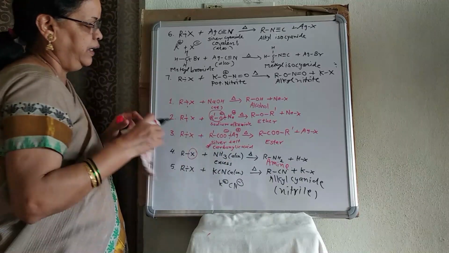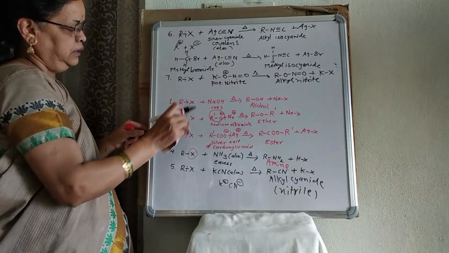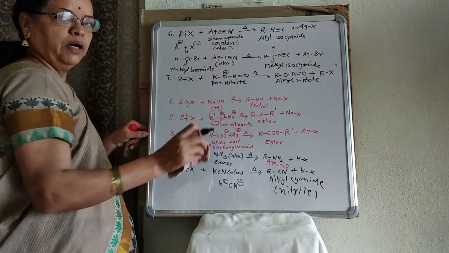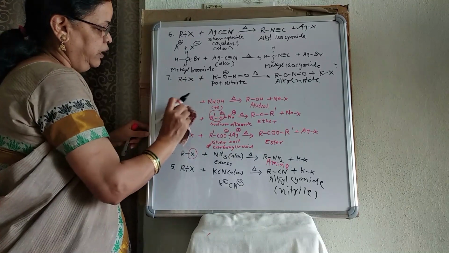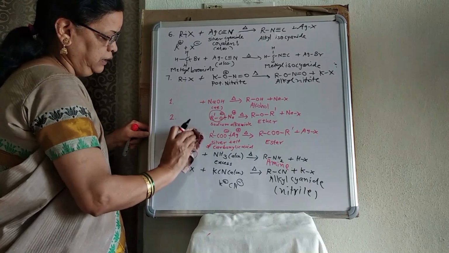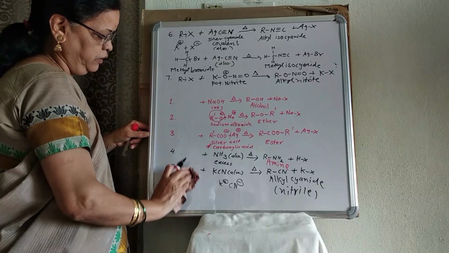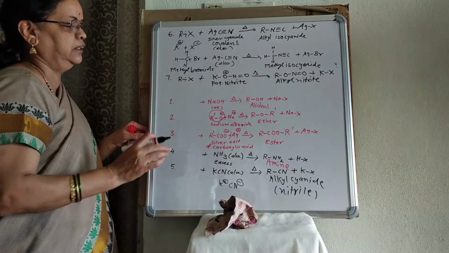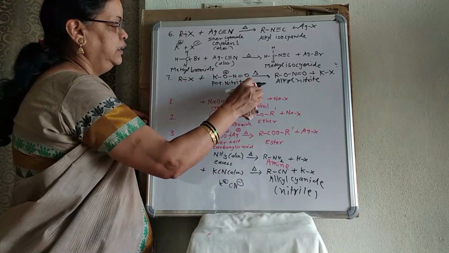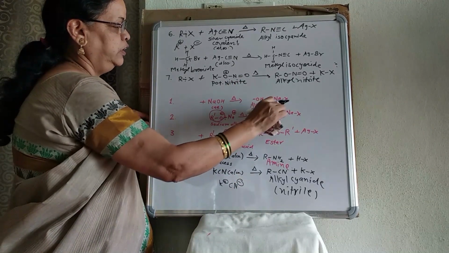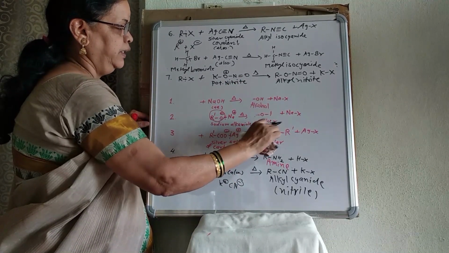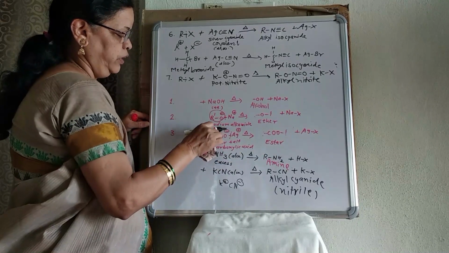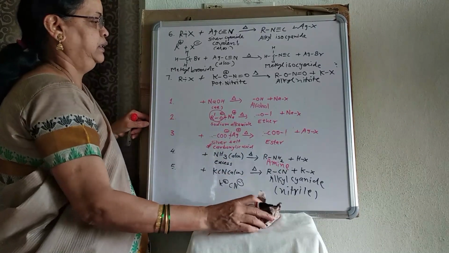Now you can take some examples. Same reaction, following a particular example. These are general reactions, and if you want to prepare particular examples, then you have to change your R groups.